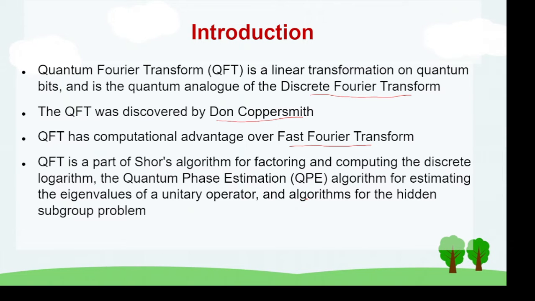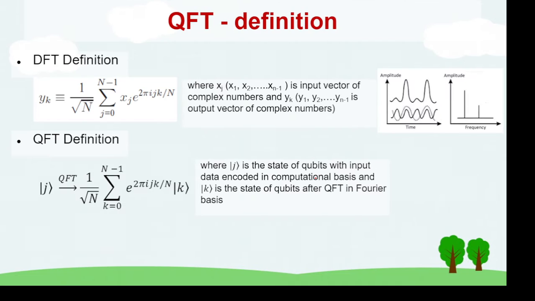So QFT not only has a computational advantage over FFT, it has certain applications in quantum algorithms. I'm sure you can also come up with more applications. Now we'll try to learn what exactly it is and how to implement it in a quantum computer.